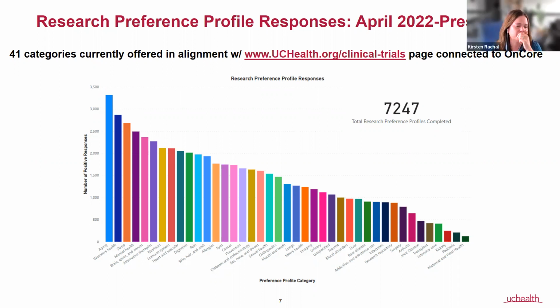So only studies that are open to accrual at UCHealth and not excluded on web will populate on that website. Okay, great, thank you. And if you're missing one or expect to see one that's not there, you can email me directly. Okay, sounds good.